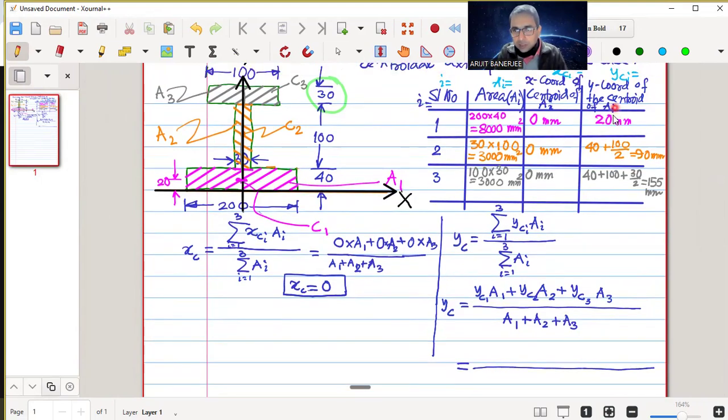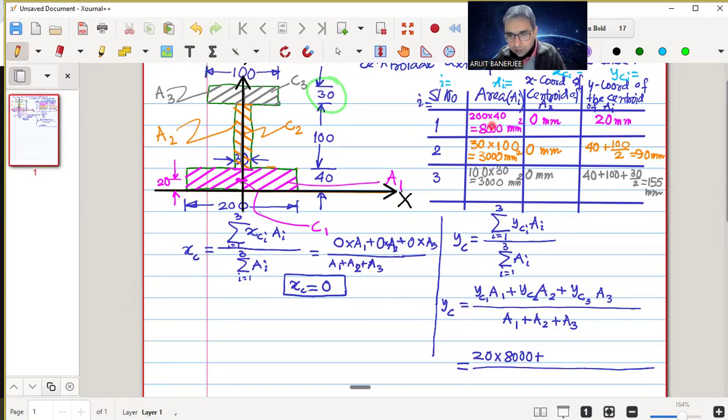For i = 1, yci is 20, multiplied by the area 1, which is 8,000. Plus next yc2, 90, right?